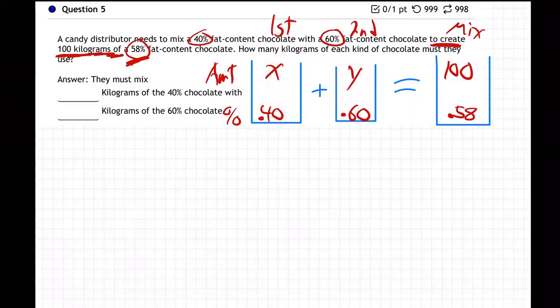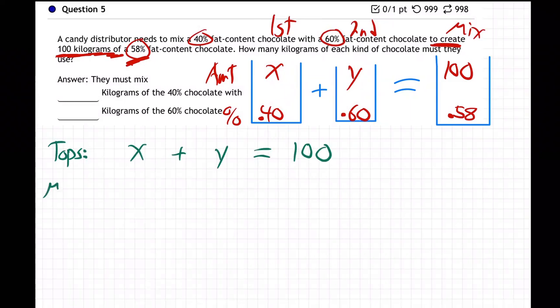Okay, so how do we get our equations? The first equation comes from the tops. So we go right across the top there. It's going to be X plus Y equals 100.